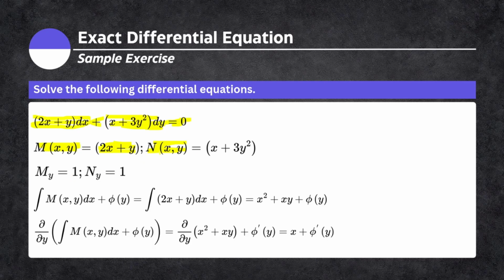Next, it should be x actually. So the partial derivative of this with respect to x, all of the variables aside from x will be considered as constant.